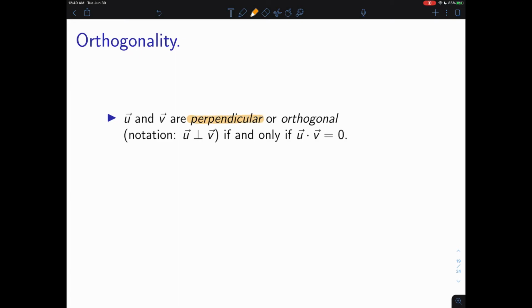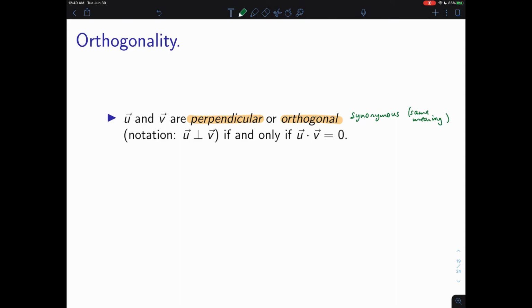These words, perpendicular and orthogonal, they are synonyms. They're synonymous. They have the same meaning. There's really no difference. They're interchangeable. If you hear me flip-flop between using one or the other, I'm not making a distinction.